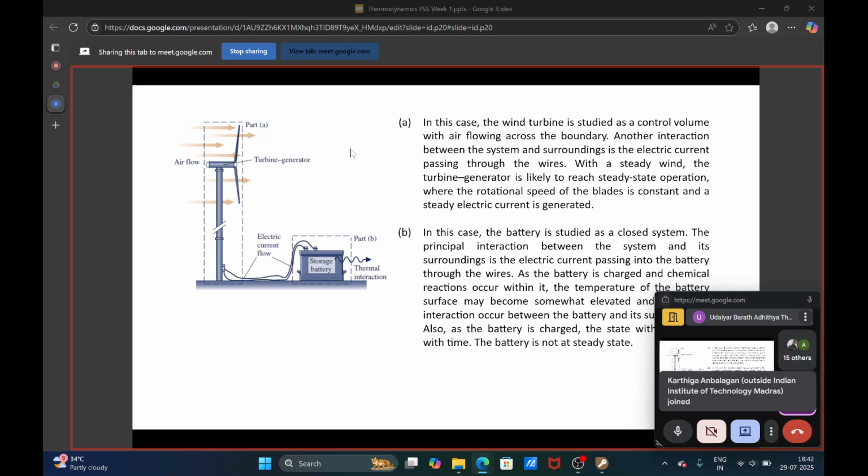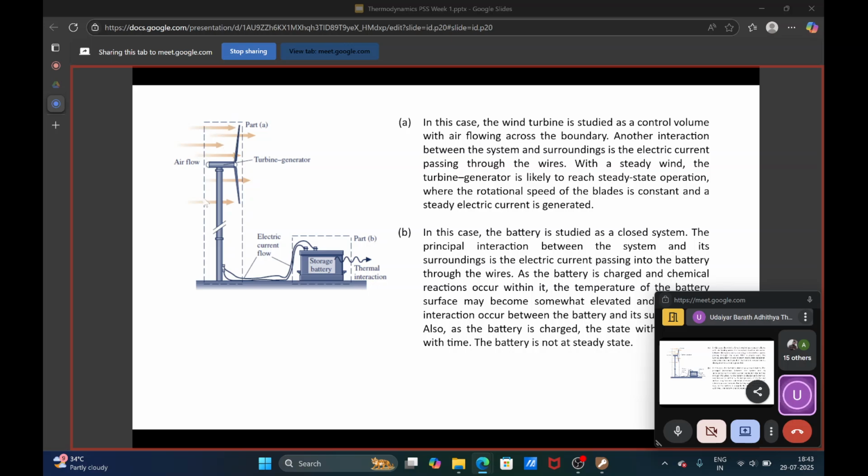So this is your case. First you have a windmill, where wind is blowing, and you have a generator mounted with the windmill part, which is connected to the storage battery. So in the first case, this alone becomes your system.